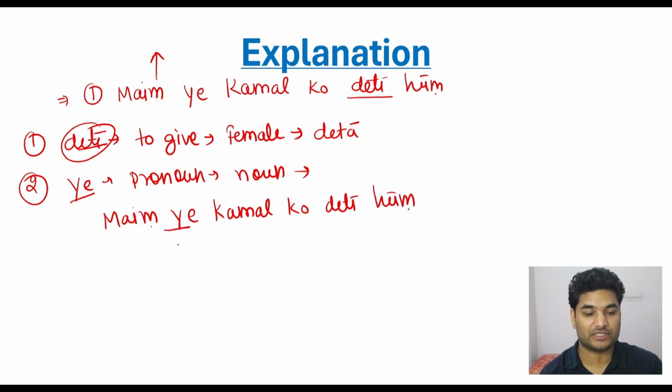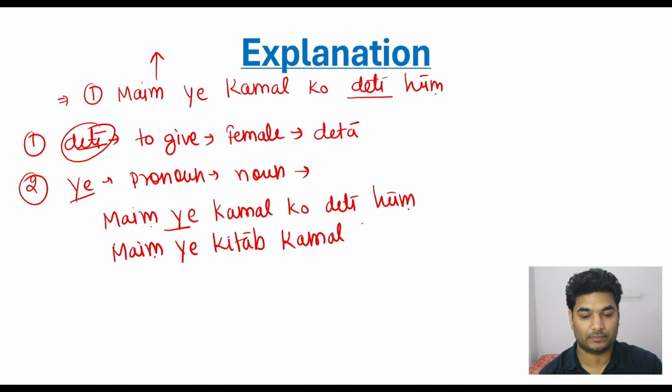So let's assume that she's giving a book. So let's assume that the sentence is मैं ये किताब, I give this book to Kamal.